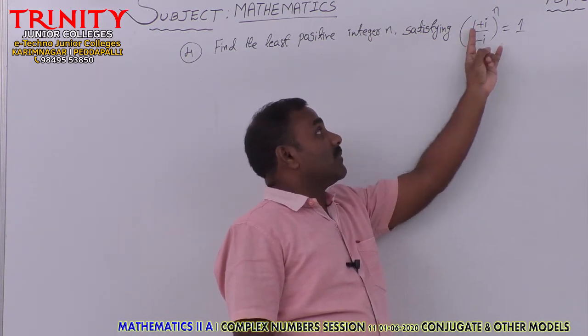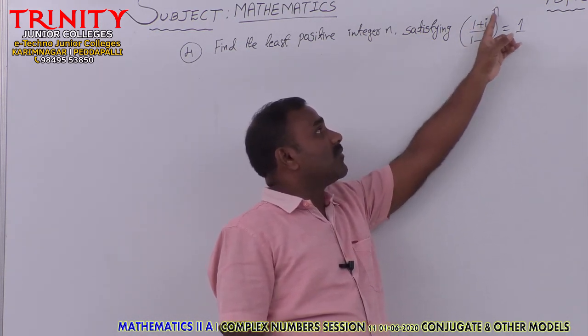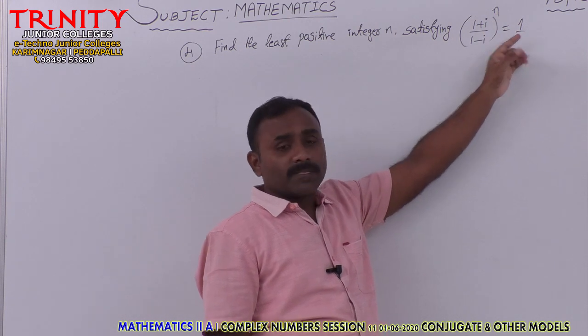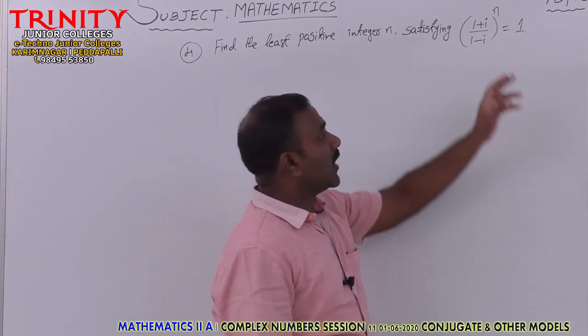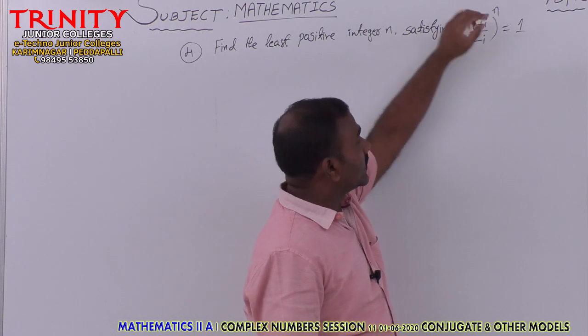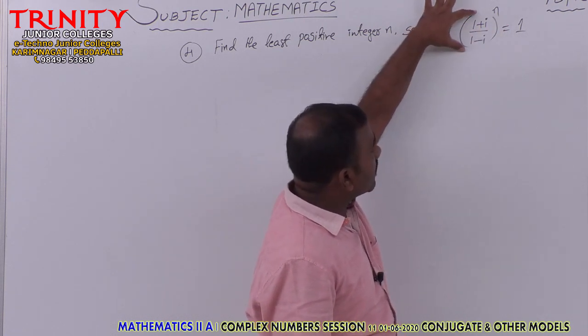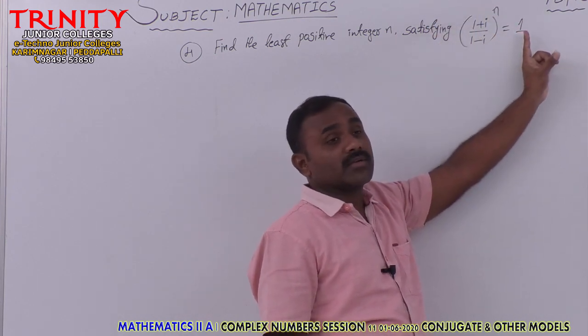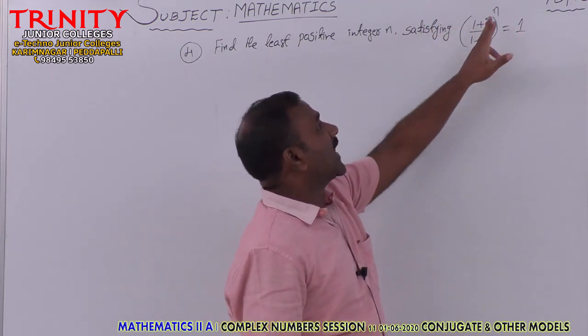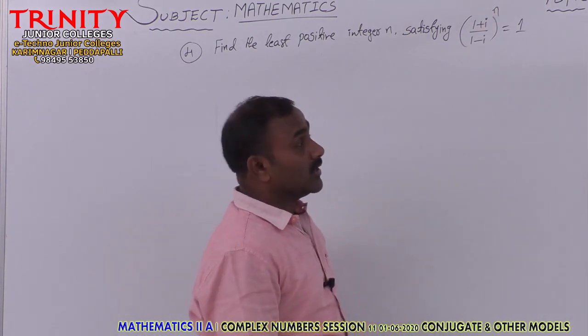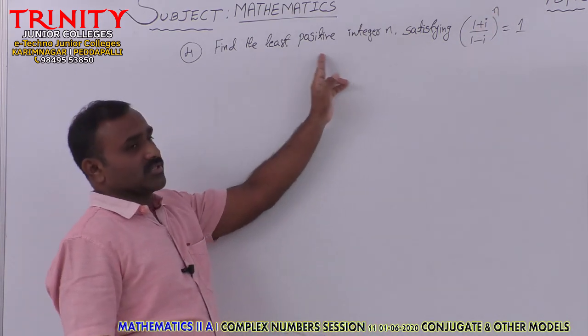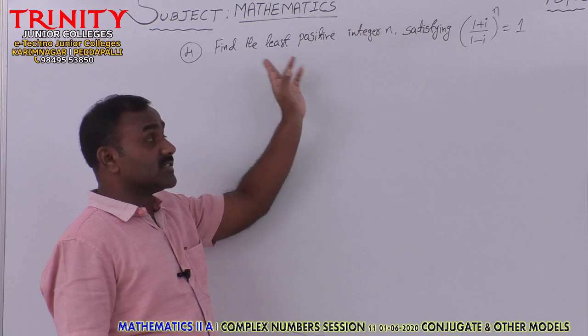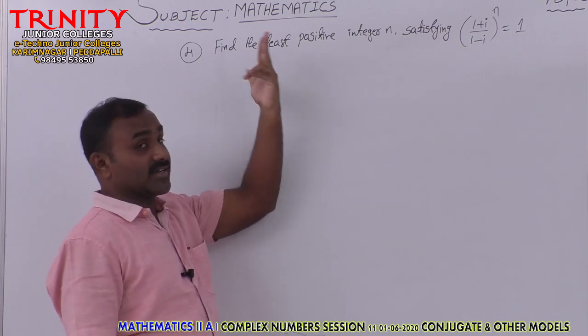That means ((1 + i)/(1 − i))^n equals 1, for what value of n is this possible? We have to calculate the value of n which is least positive, not greatest.